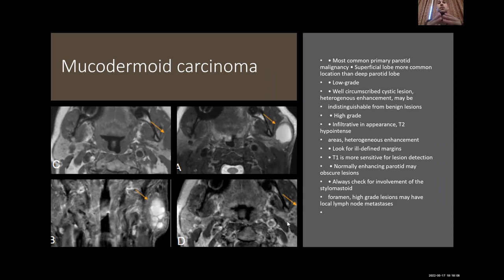It can make your management plan operative, or only radiotherapy and chemotherapy. If you tell the clinician that there is a possibility of perineural spread, this means that this patient may not have an operation. This will be sent to radiotherapy or chemotherapy. You understand how important it is these days.